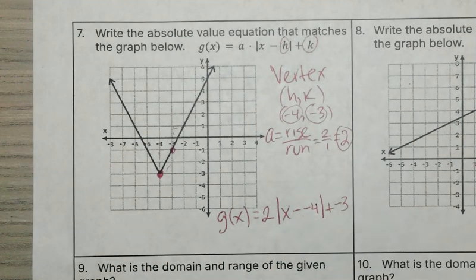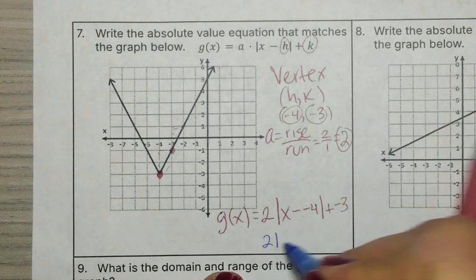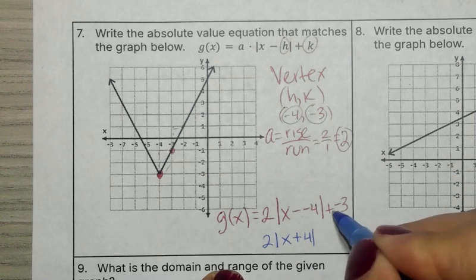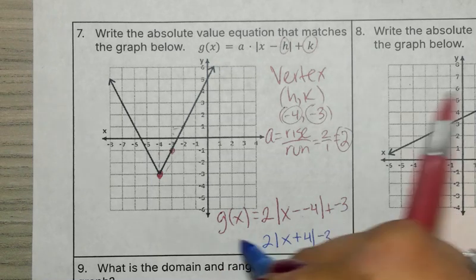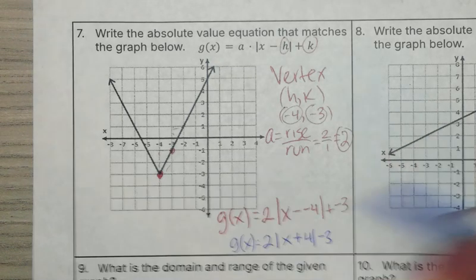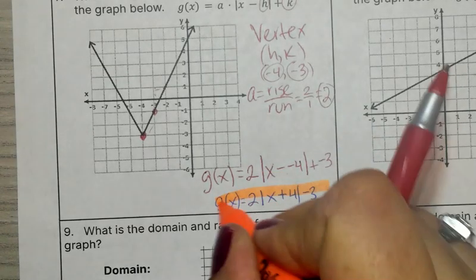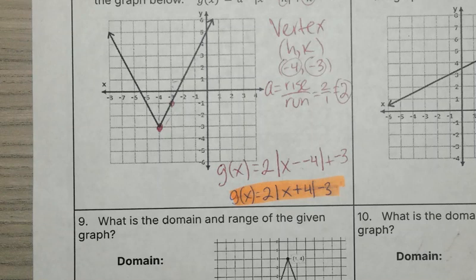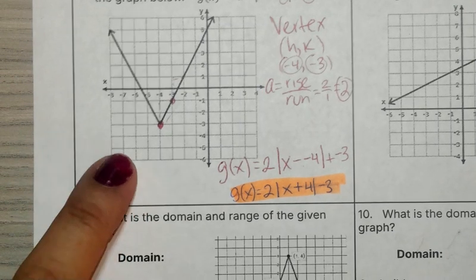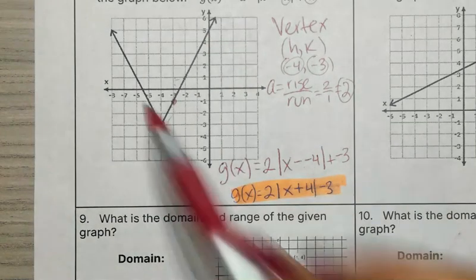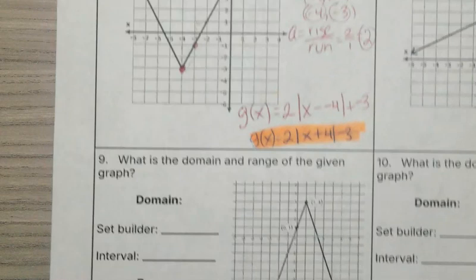But we're going to rewrite that. 2 absolute value of x, double negative means plus, and then plus negative means -3. So this is the correct simplified equation that matches that graph. You can always graph this to verify in your calculator and make sure that it's matching that vertex and that y-intercept if you want to analyze it.